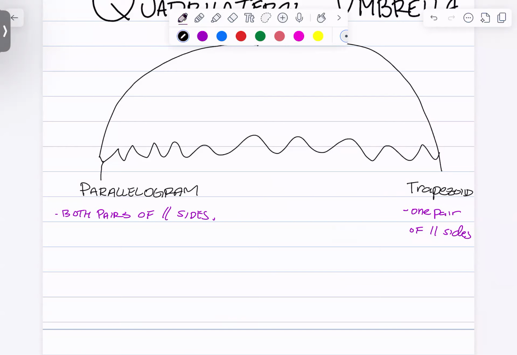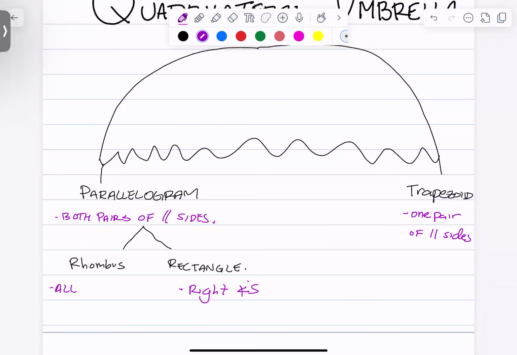Now, a parallelogram breaks off to be a rhombus and a rectangle. You know all the characteristics. What makes a rectangle? A rectangle is right angles. What makes a rhombus? A rhombus is that all sides are congruent. I'm just listing out one of the things; there's more characteristics.